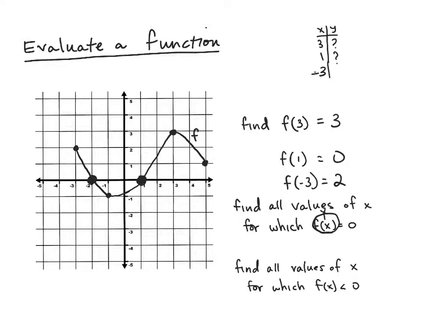So we need to find all the x values associated with those y values of 0. So here we have a point 1, 0. Here we have a point negative 2, 0. So those are both points that have y values of 0. So the x values there are x equals 1 and x equals negative 2.